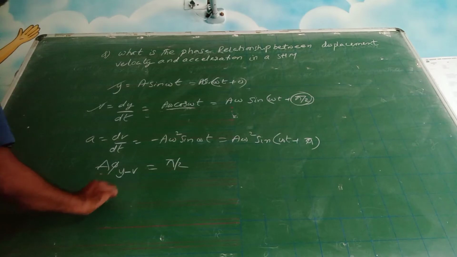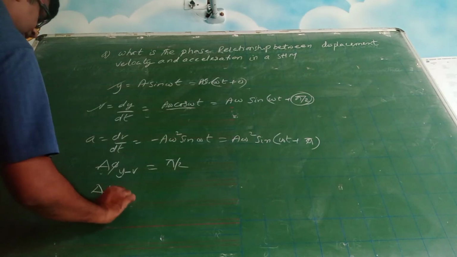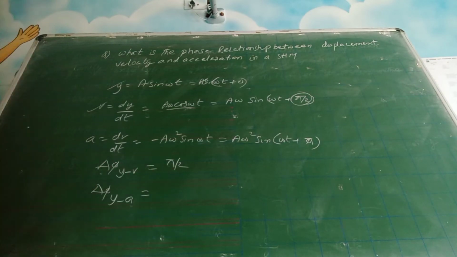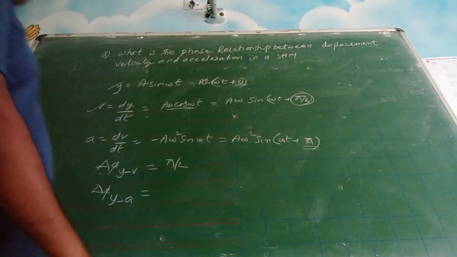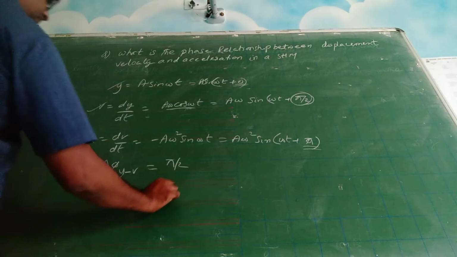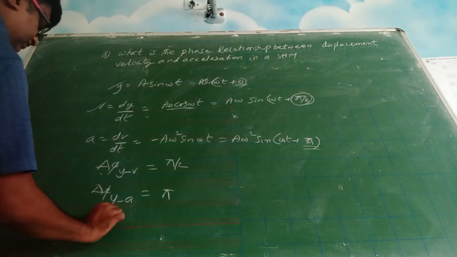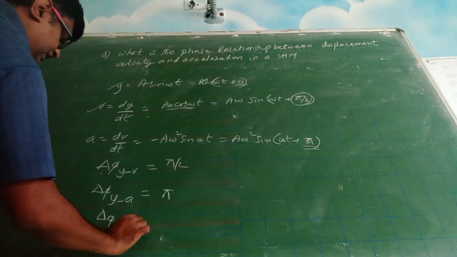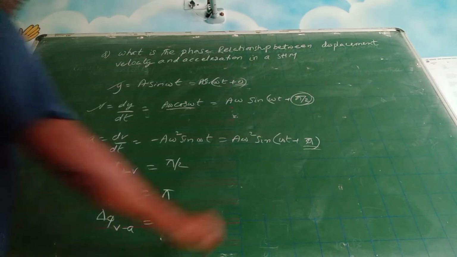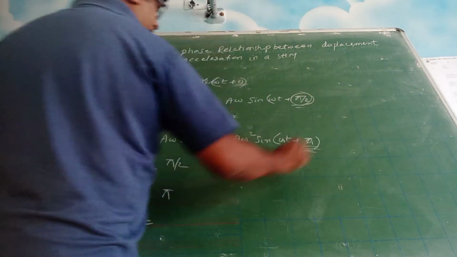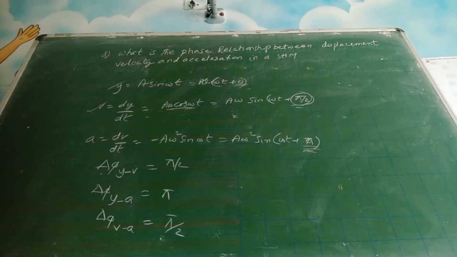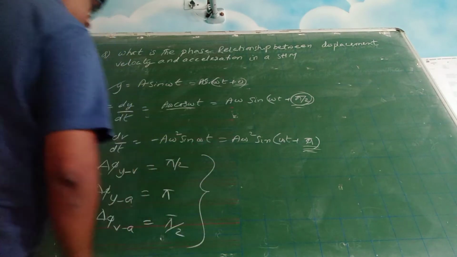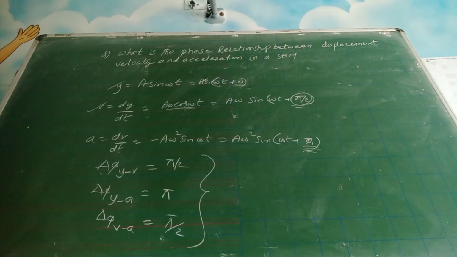So the phase difference between displacement and acceleration, this is 0, this is 180, this is pi, you know. So it is pi. The phase difference between velocity and acceleration is equal to, this is pi by 2 and this is pi. So it is pi minus pi by 2, it is pi by 2. These three values you should know. Okay, this is a small derivation for that, but this result you should know.